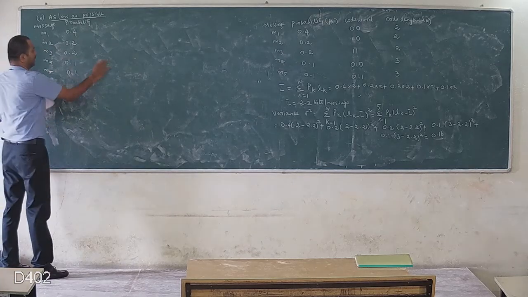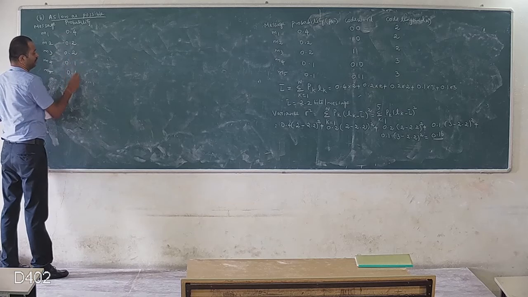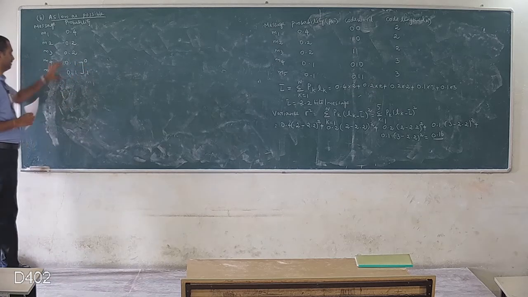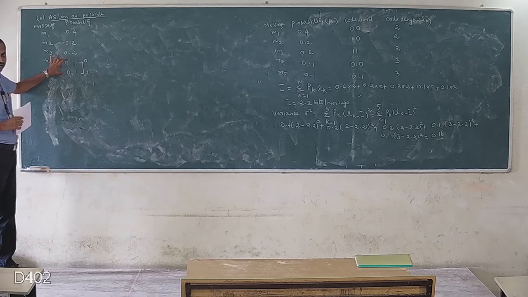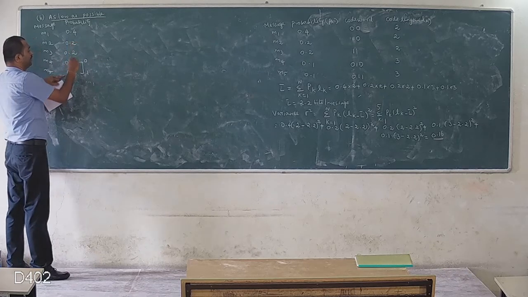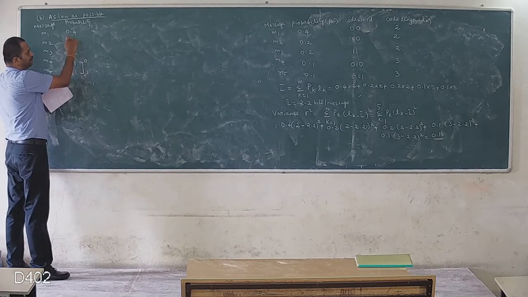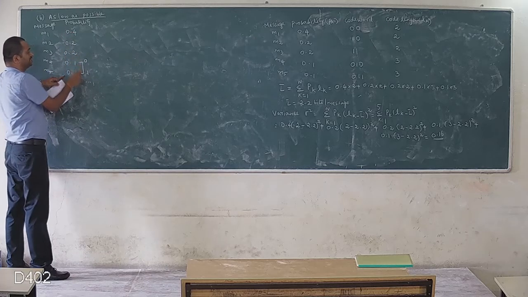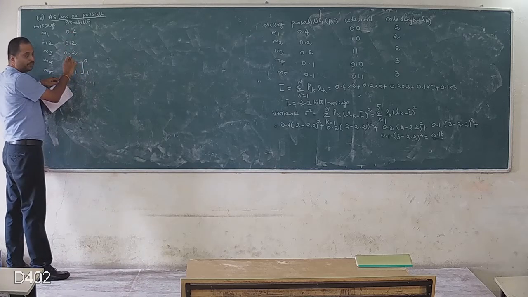After writing the messages in decreasing order, for the two lowest probable symbols, you have to assign a 0 and 1. If we combine these two lowest probable symbols, you will get 0.2. That 0.2 again should be placed in descending order only. Earlier we kept it as high as possible, that means above this 0.2. Now I have to arrange it as low as possible, that means the combined symbol will be kept down this 0.2.